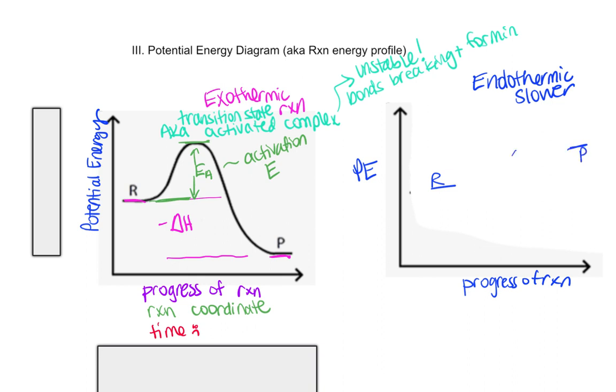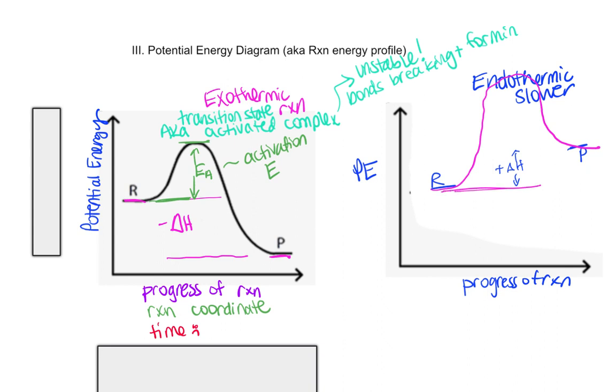So the change here, your delta H would be positive. Okay, doesn't really matter how much more positive. And then the fact that I said it's a slower reaction, that means that the hump, the activation energy, would have to be greater than the previous one. And that would mean that we have a slower reaction.